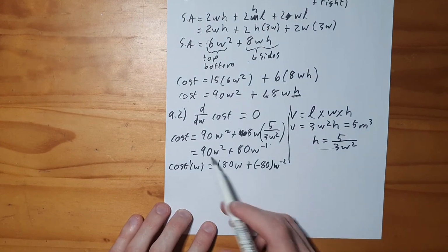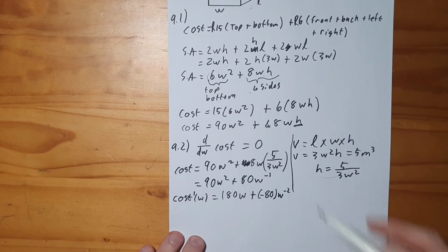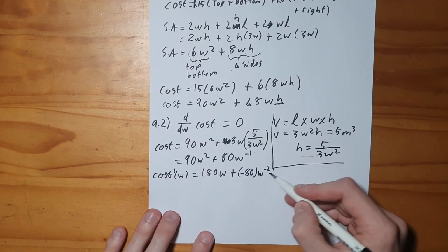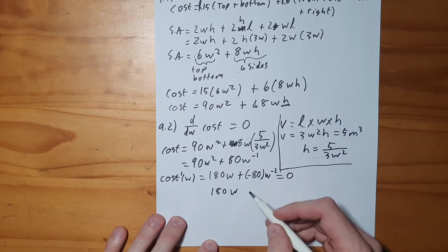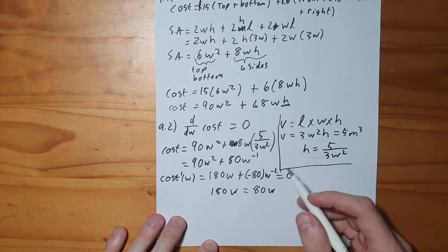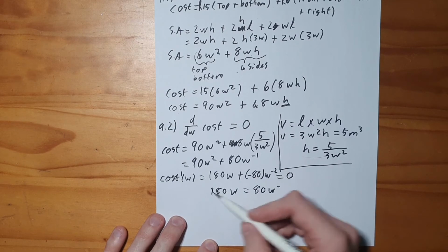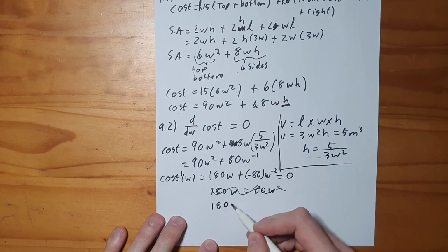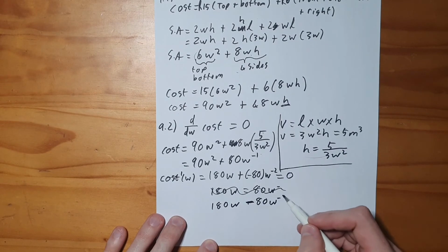But we said in order to minimize it, we need the derivative equal to 0. So I'm going to set this whole thing equal to 0, which means I have 180w minus 80w to the negative 2.